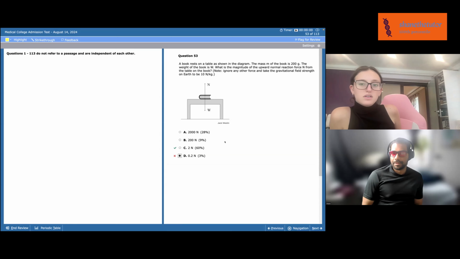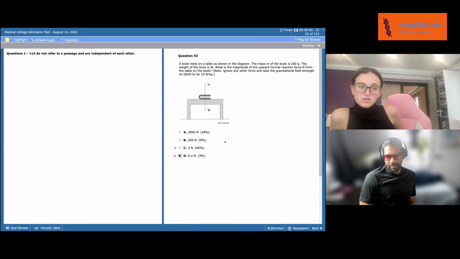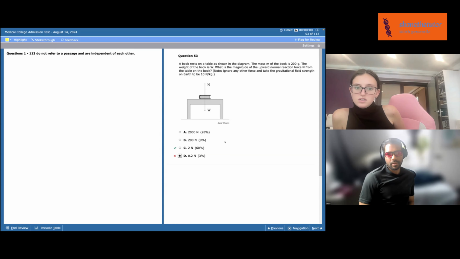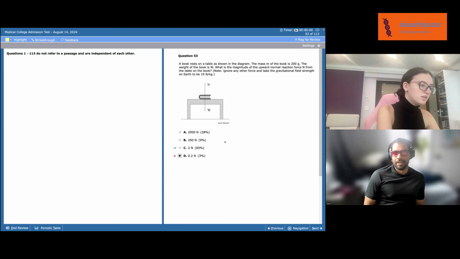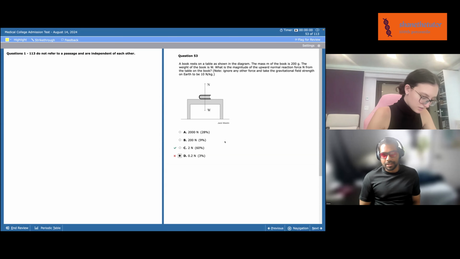So we have to convert 200 to kilos, which would be 0.2, and then times 10.